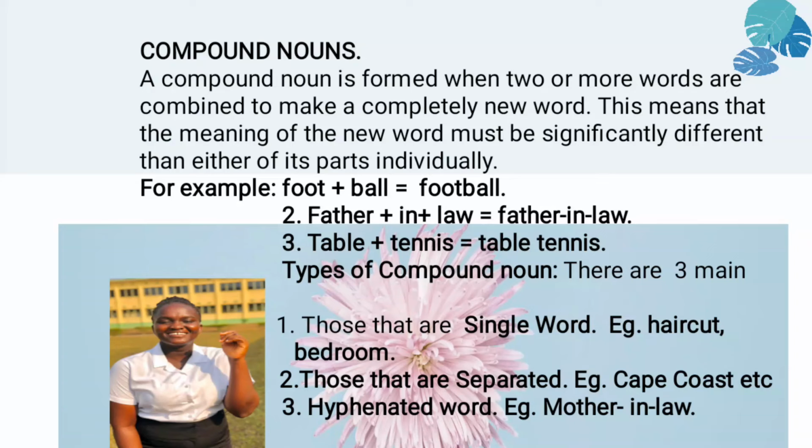Under compound nouns, we have types. There are three main types. One, compound nouns that are a single word. We have haircut, bedroom, etc. Two, compound nouns that are separated.